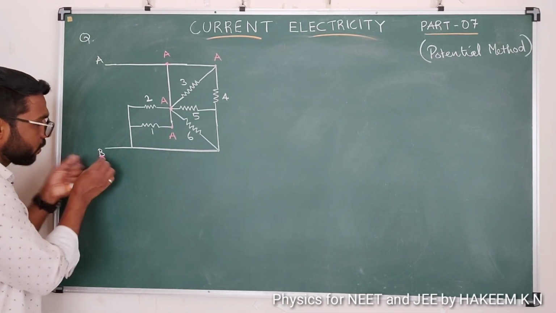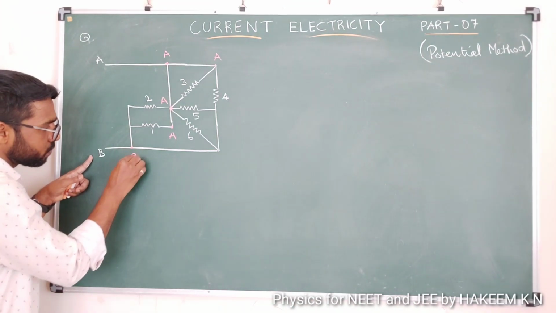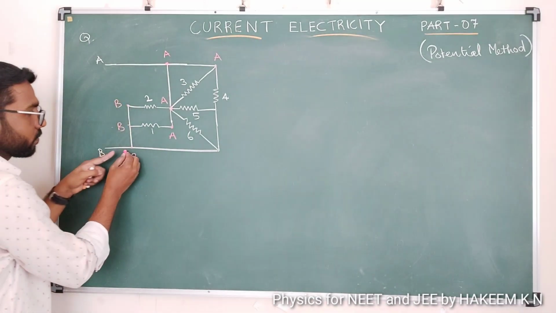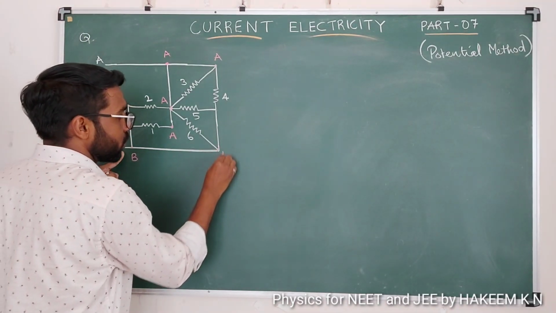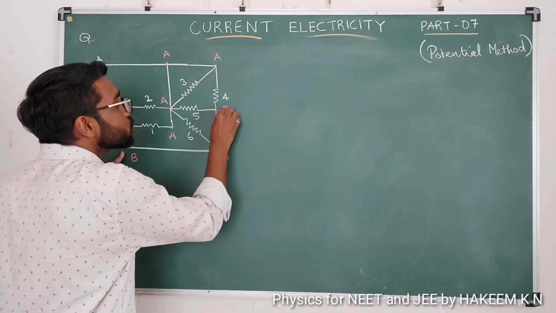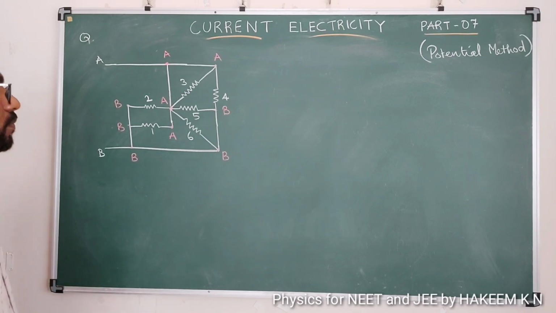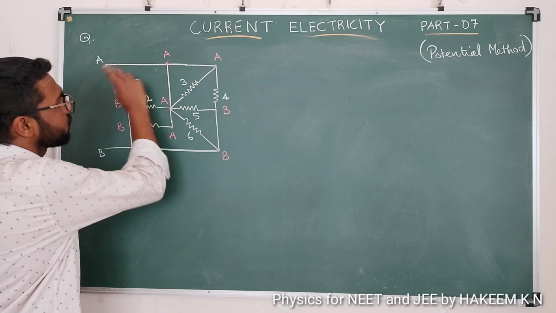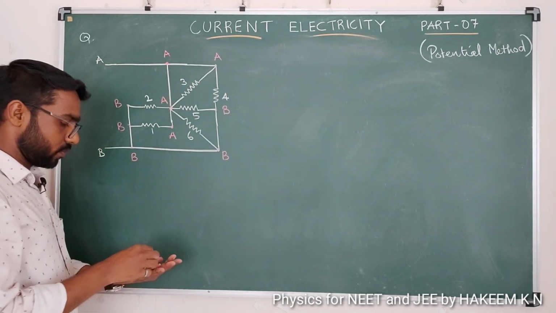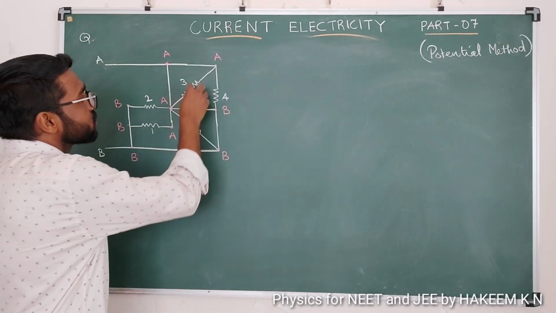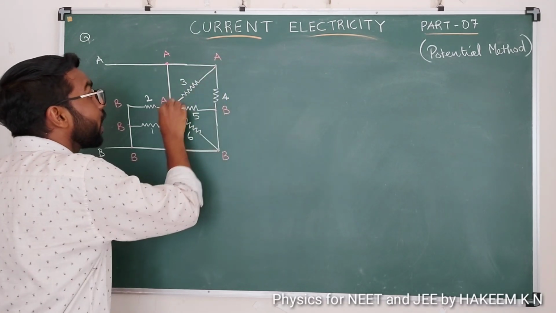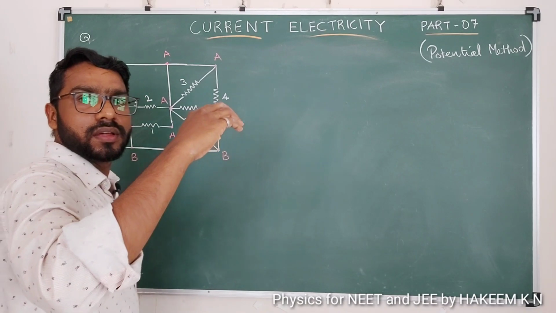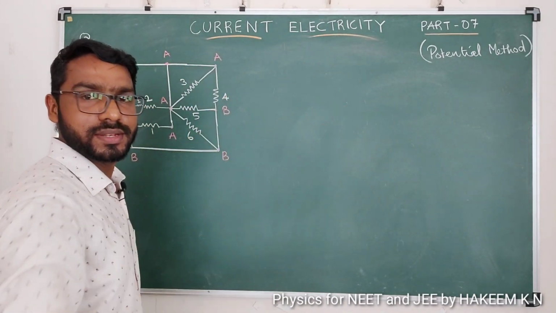Okay, now start from B. This junction is B, so this point is B and this point is also B. Going here, this junction is B and this junction is also B. Okay, now look, resistor number 3. Resistor 3 is connected to A at both ends.